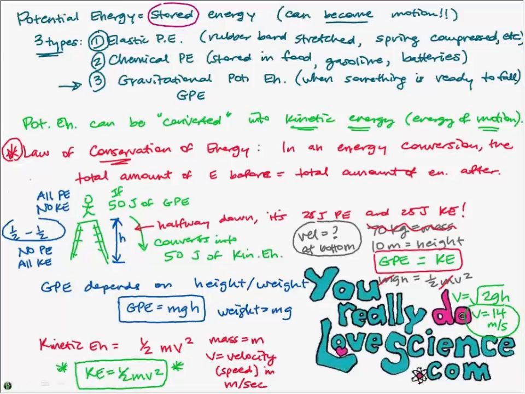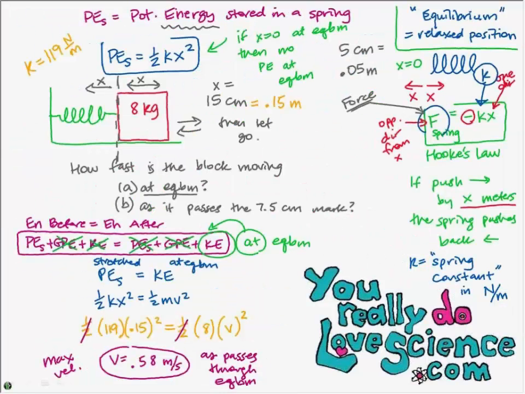The height's not squared. But in this equation, if the x is squared, think about it this way. If you doubled the x and made x go up by a factor of 2, well, because x got squared, your potential energy is going to go up by a factor of 4 because that x in that equation is squared.